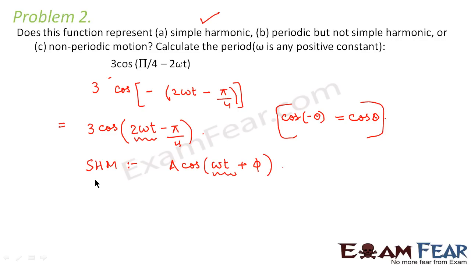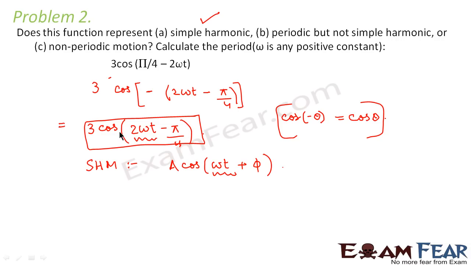Now in order to calculate the time period, if we look at this particular function, it will repeat its value after 2 pi. That means cos theta is equal to cos of theta plus 2 pi.